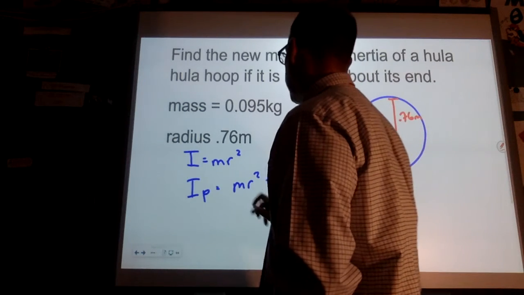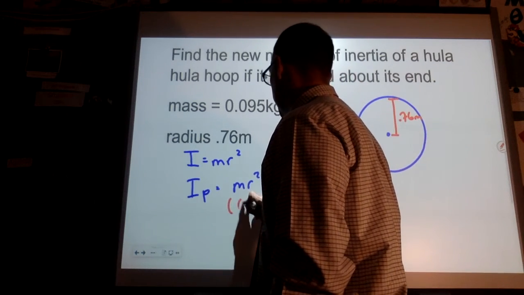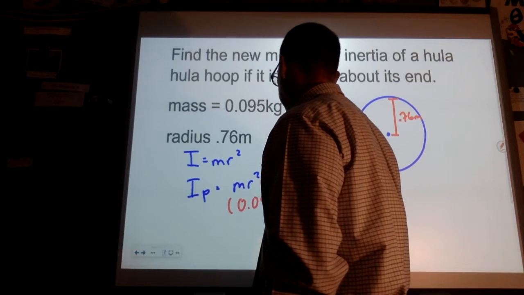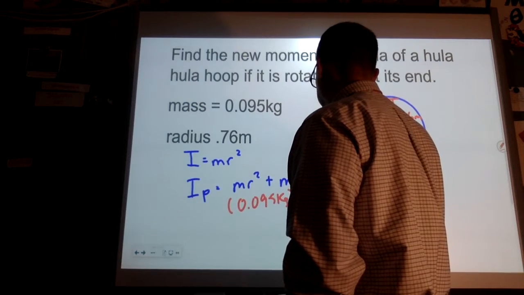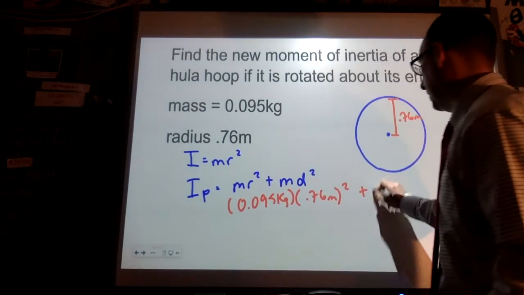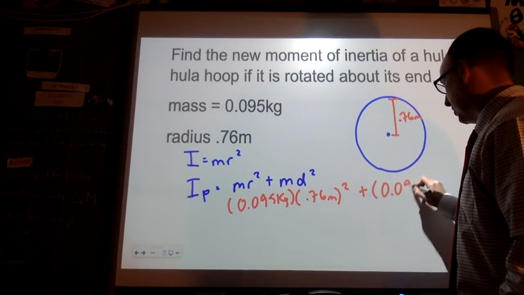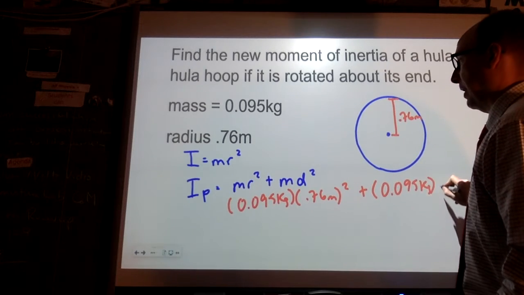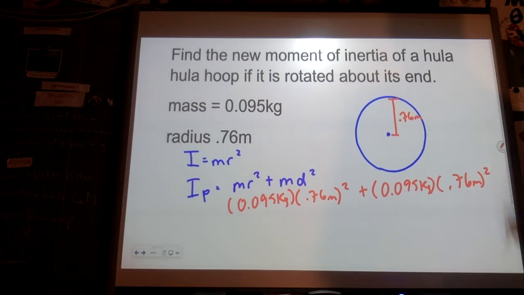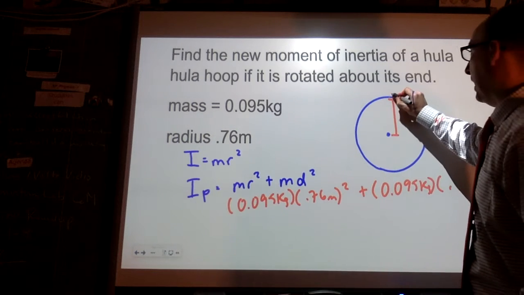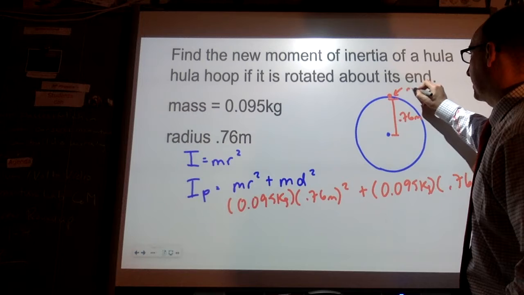And so I'm going to have 0.095 kilograms times 0.76 squared plus 0.095 kilograms times 0.76 squared. So now my axis is up here.